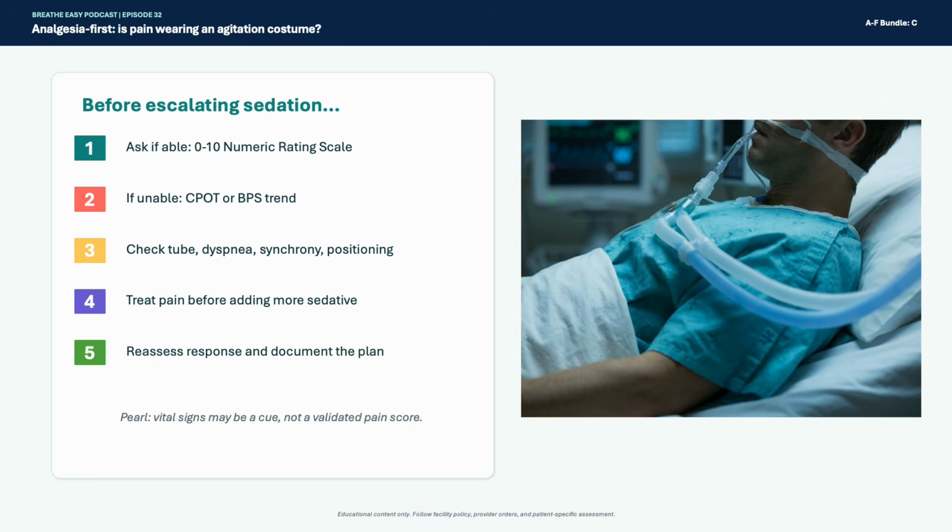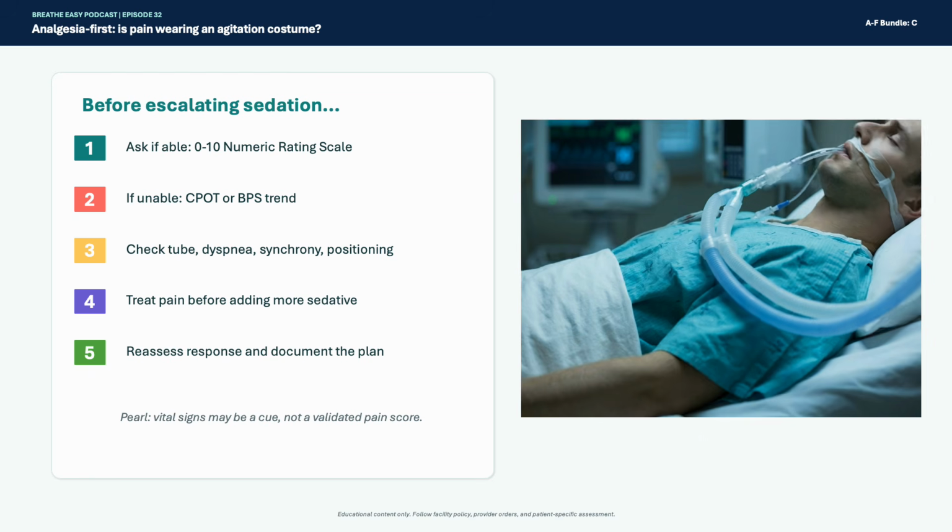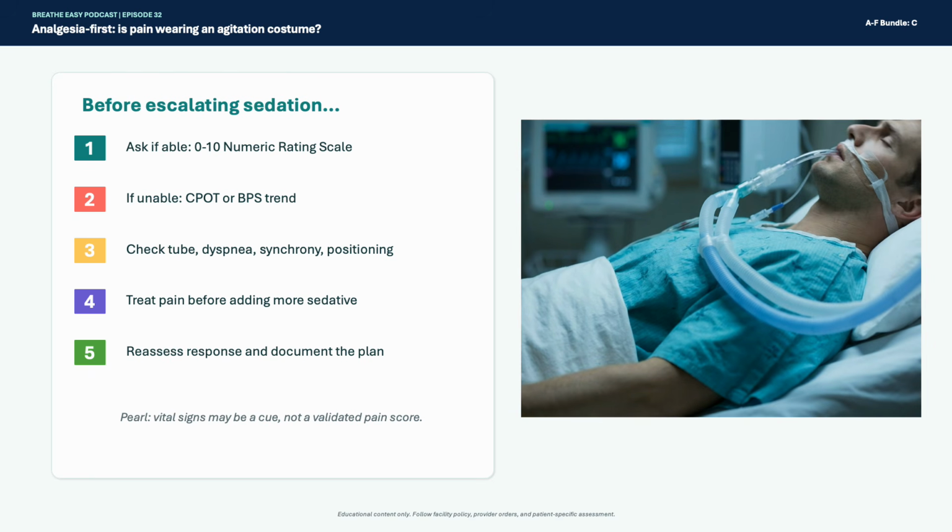Here's a favorite question of mine. Is the pain wearing an agitation costume? Agitation is a symptom, not a diagnosis. And the reflex we all fight is the one that reaches for the sedation. So before it's escalated, if the patient can tell you, ask. Self-report is the reference standard.